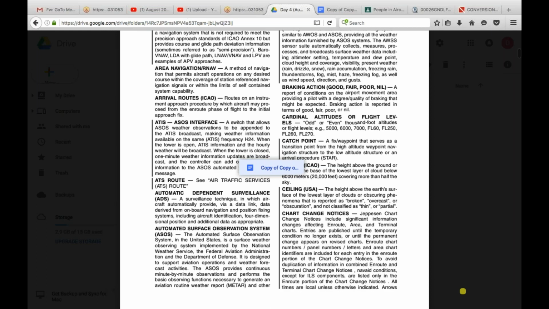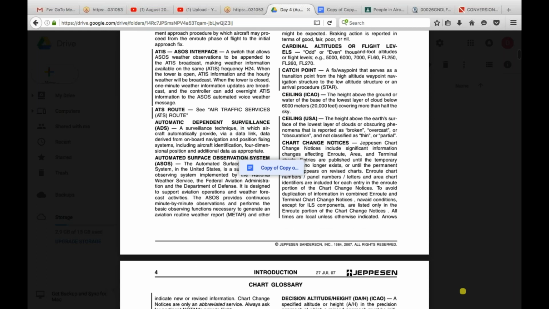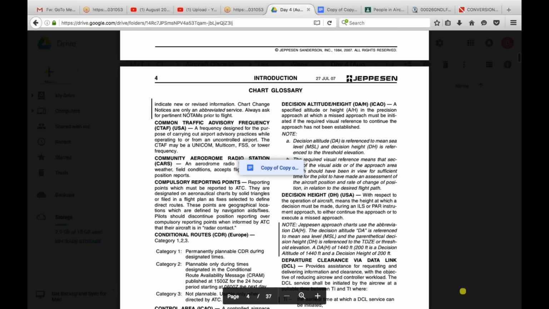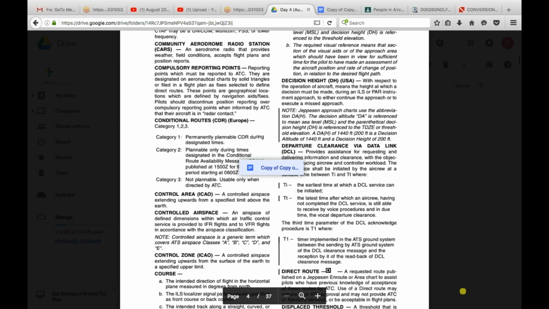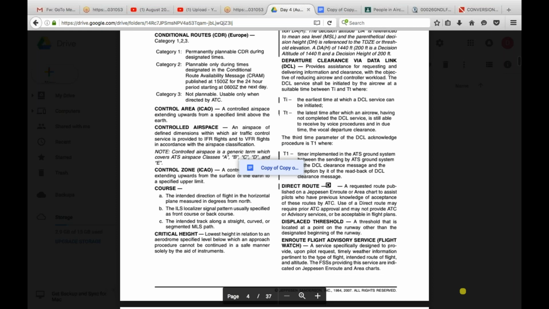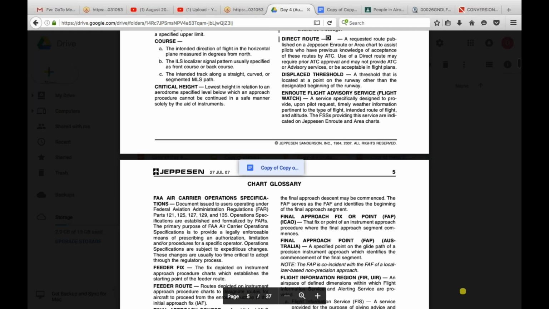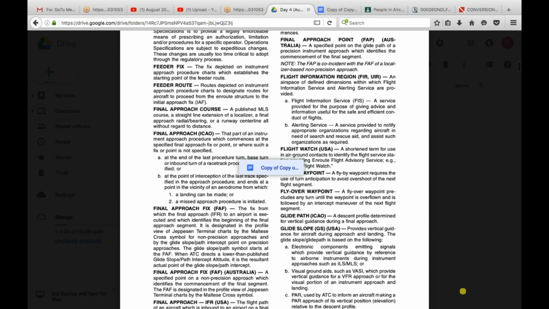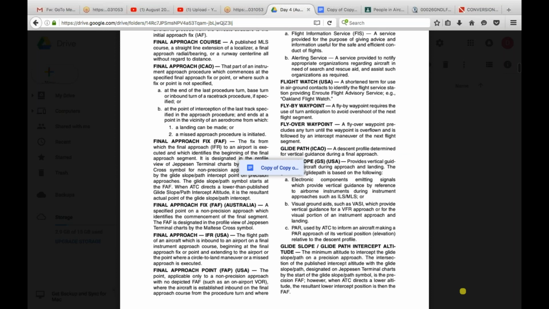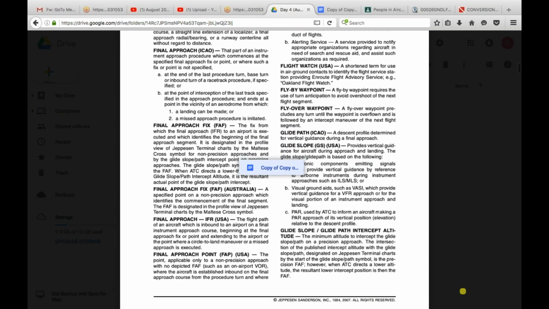Notice that it's Jeppesen. Like I said, you're typically going to be using Jeppesen charts, but pretty much everything translates between Jeppesen and Mako charts. These terms that you're seeing here, like the final approach fix, are terms that, regardless of what map you're using, you'll always have a final approach fix.